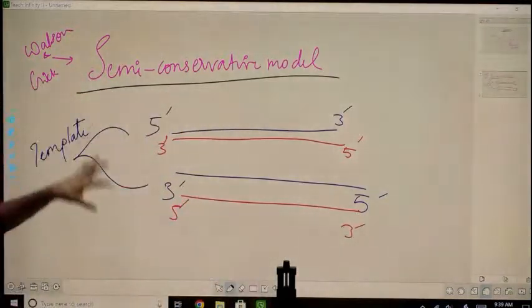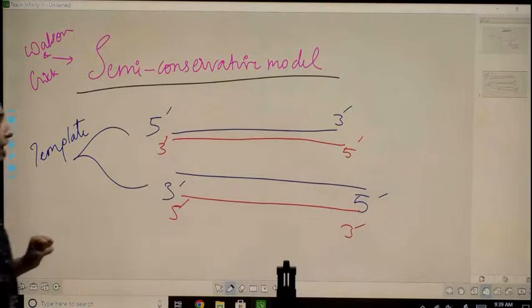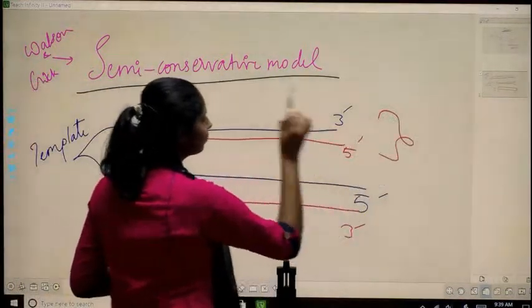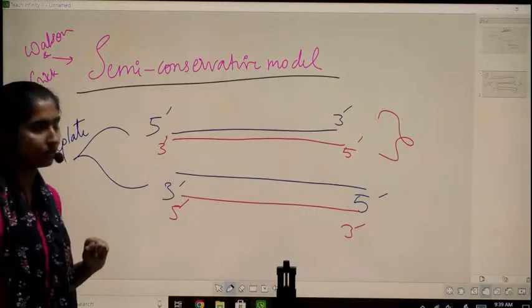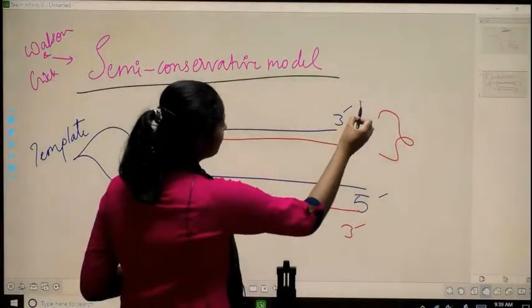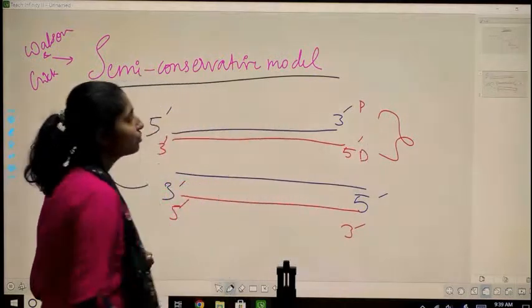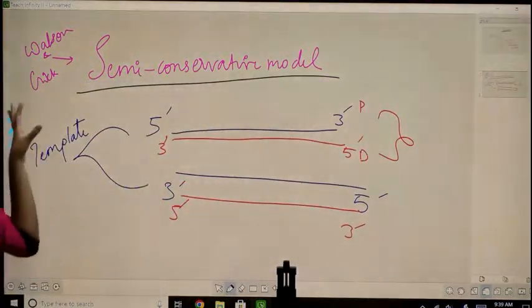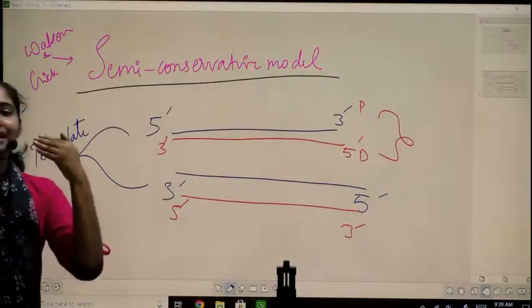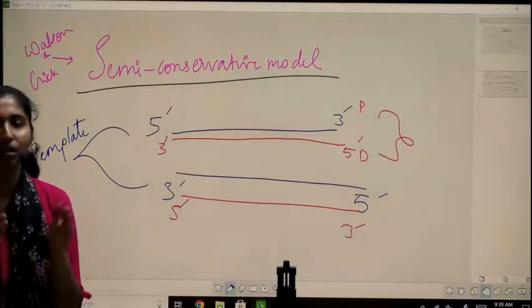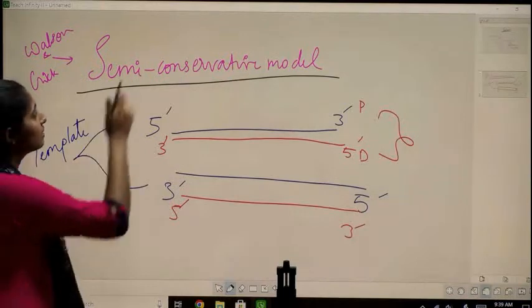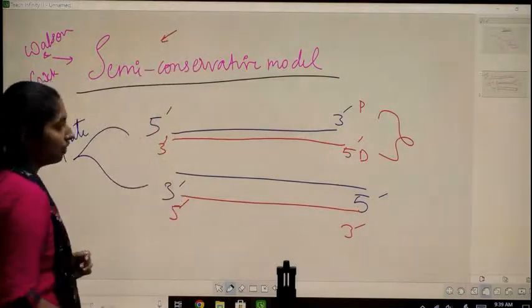And at the end result of replication, what do we get? We get a DNA molecule that has one parental template strand and one daughter strand. So this particular model is known as the semi-conservative model because in each round of DNA replication, one parental strand is conserved along with the daughter strand.